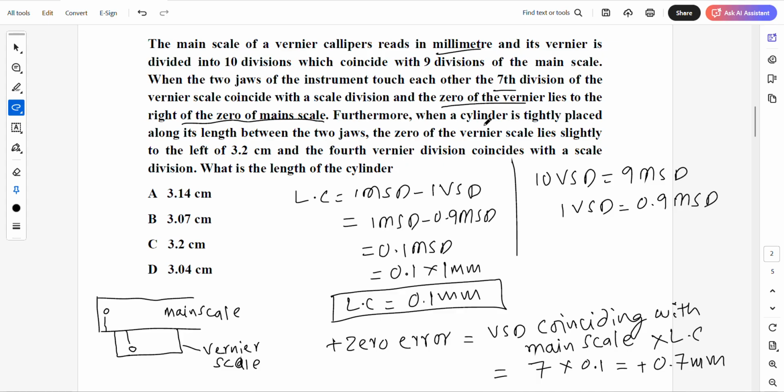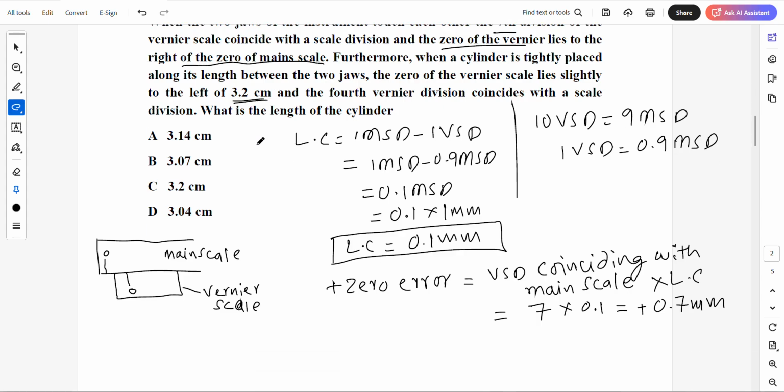Now, furthermore, when a cylinder is tightly placed along its length between the two jaws, the zero of the vernier lies slightly to the left of 3.2. Now, left of 3.2. What is the formula for calculation of length of the cylinder?